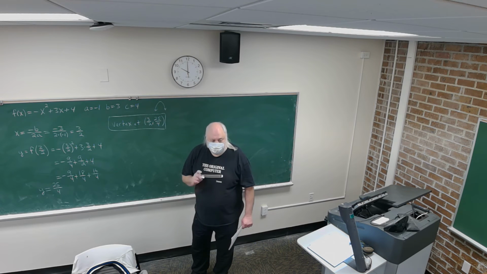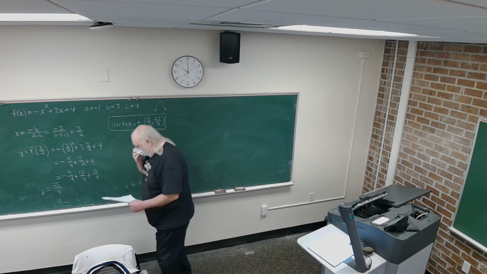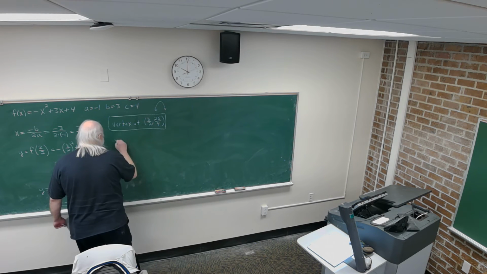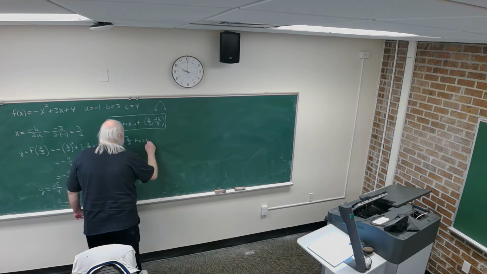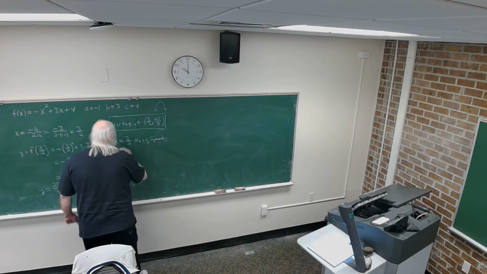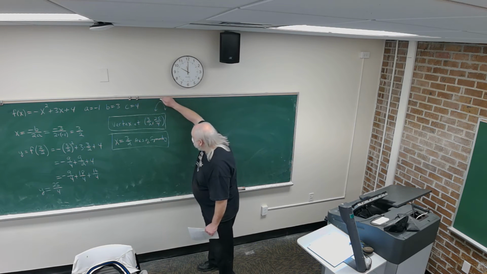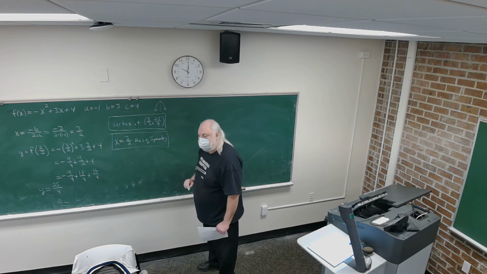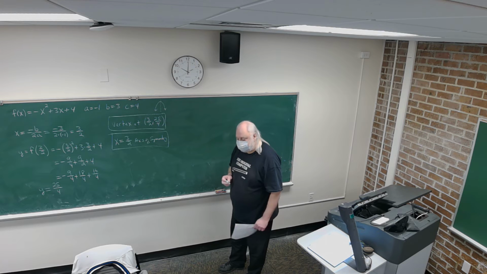Remember, axis of symmetry is the equation of a vertical line. And so the vertical line is x equals 3 halves. So x equals 3 halves is the axis of symmetry. The axis of symmetry goes right through the vertex, and the right half of the parabola is a mirror image of the left half. That's what the axis of symmetry does.